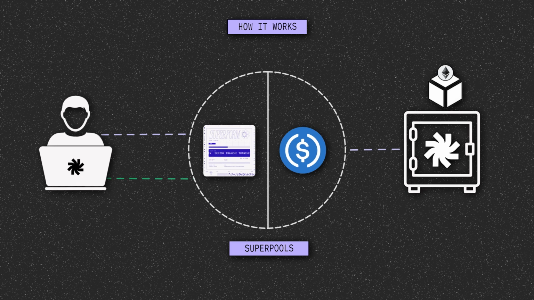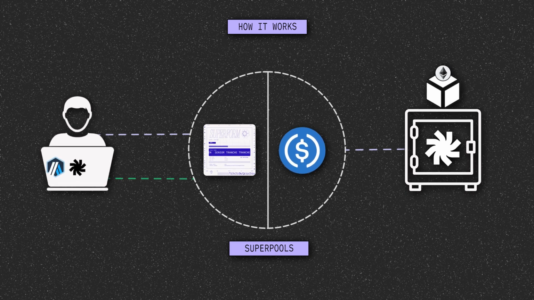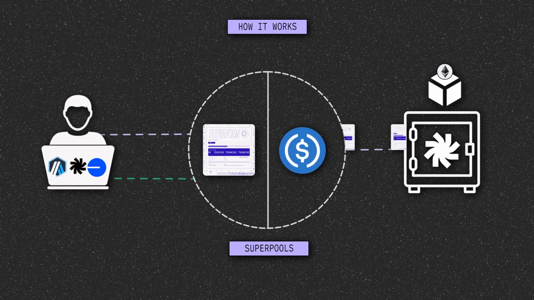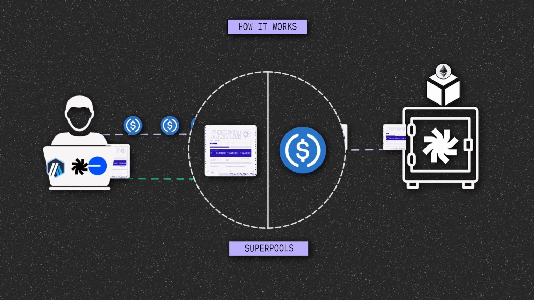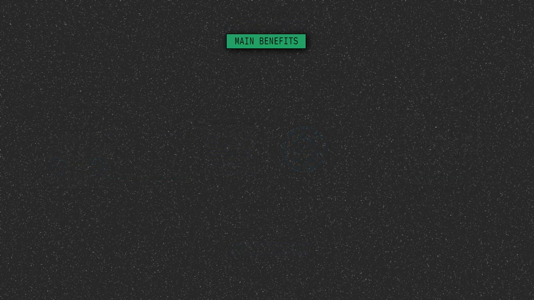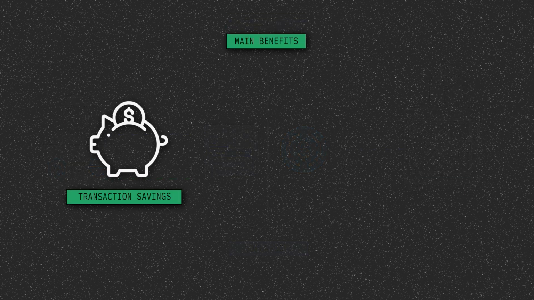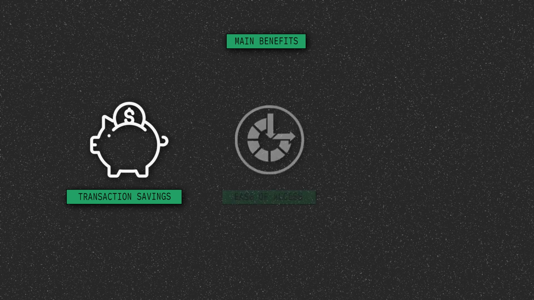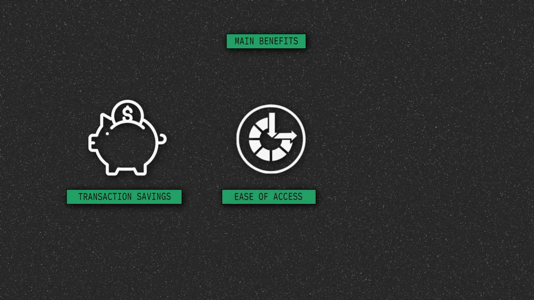For example, a user on an L2, such as Arbitrum or Base, can simply swap their tokens for superpositions that reflect the profit on Ethereum. Main benefits: transaction savings, up to 99% reduction in cost per swap compared to traditional bridges. Ease of access to profits.